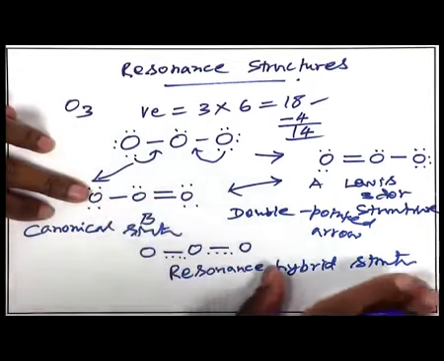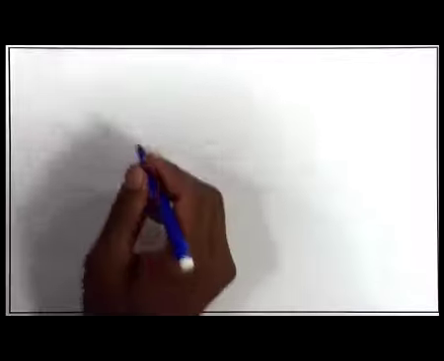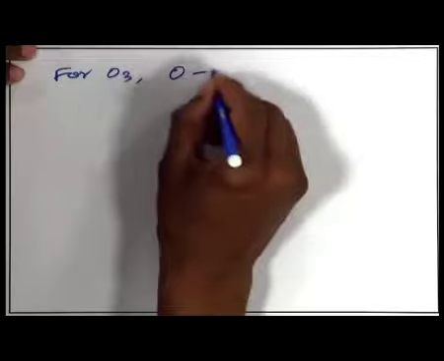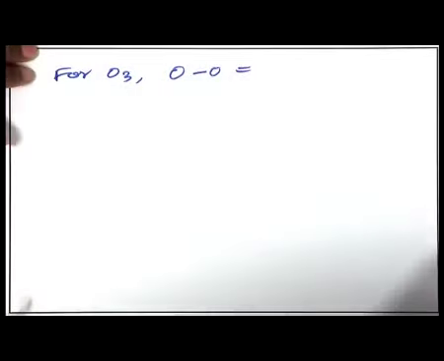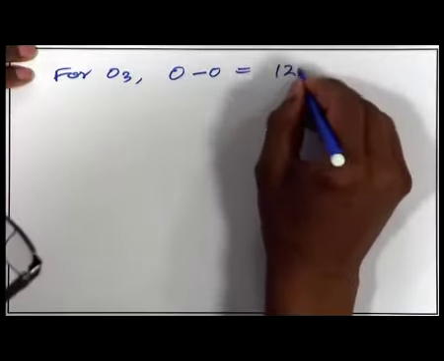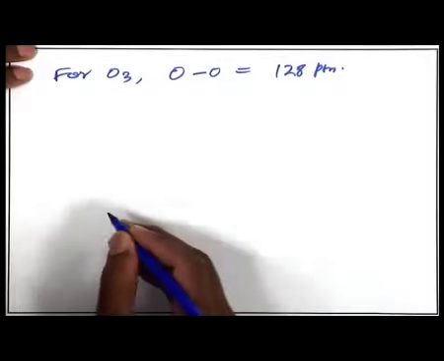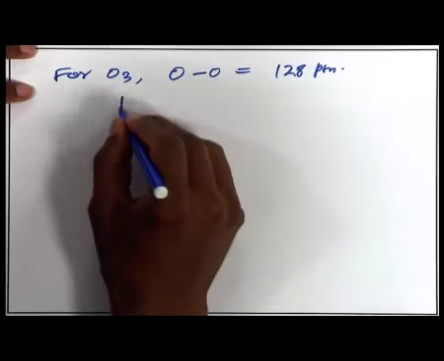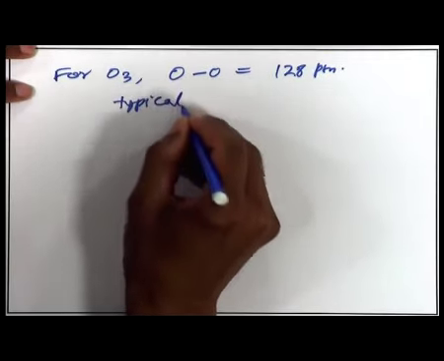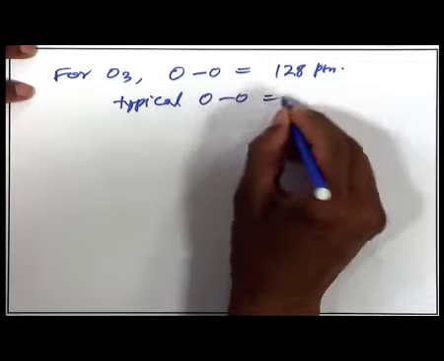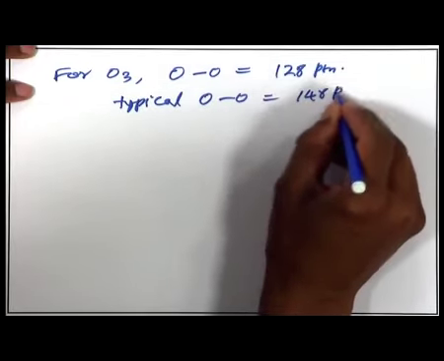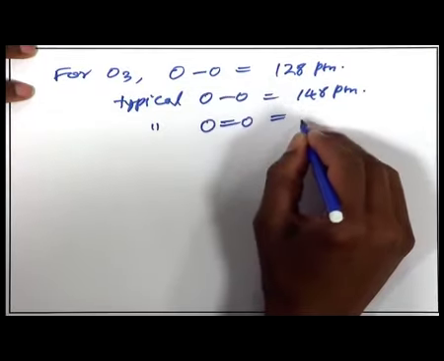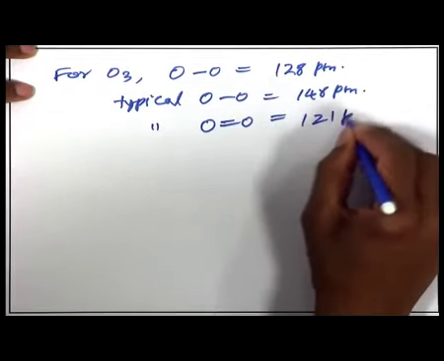Experimentally, what was observed for O3 is an OO distance equal to 128 picometer. The typical OO single bond distance is 148 picometer, and the typical OO double bond distance is 121 picometer.